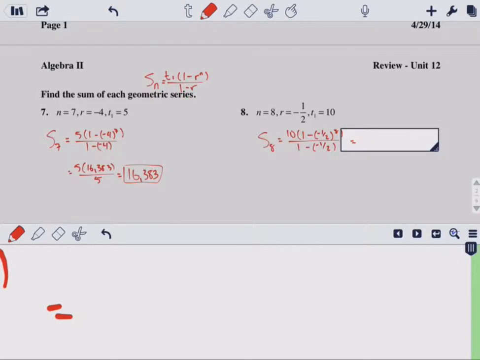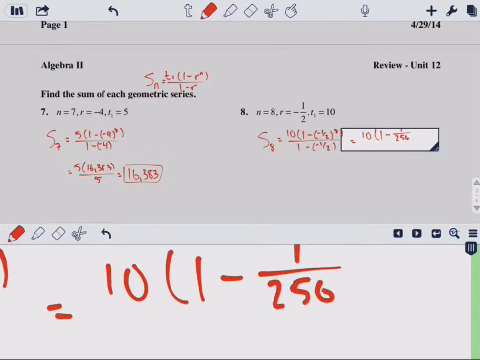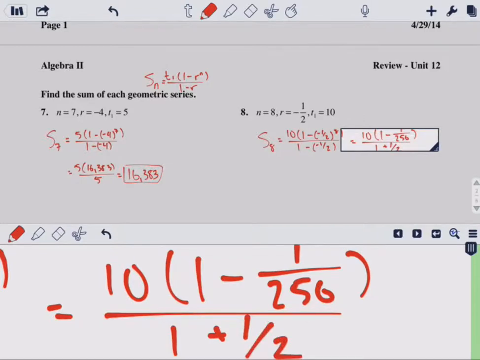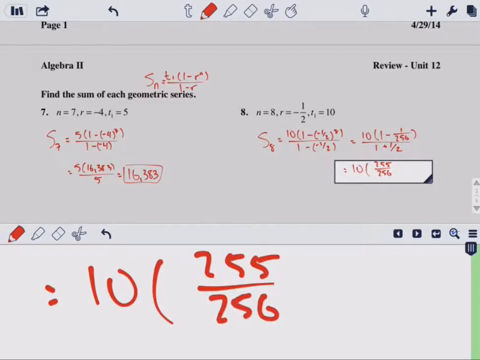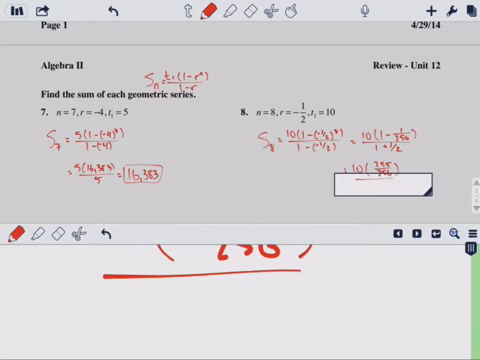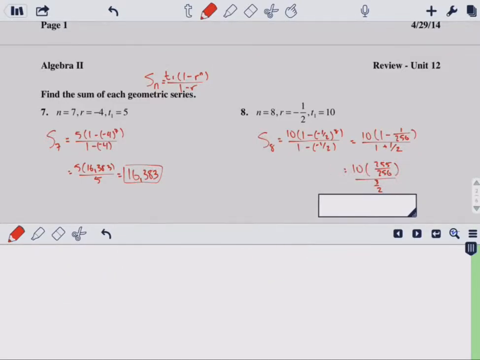So I get 10 times 1 minus 1 over 256 over 1 plus 1/2. Right? So that's equal to 10 times 255 over 256 over 3/2.